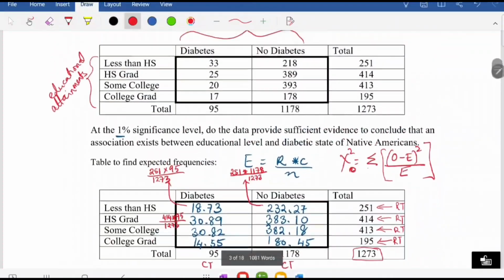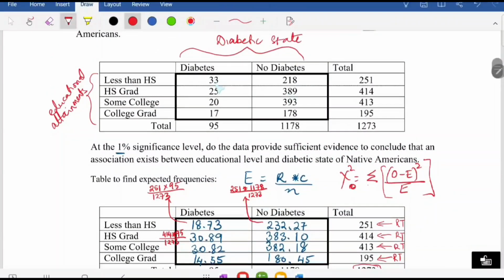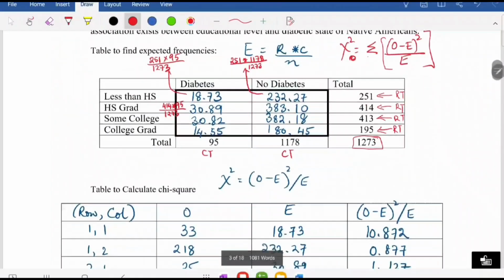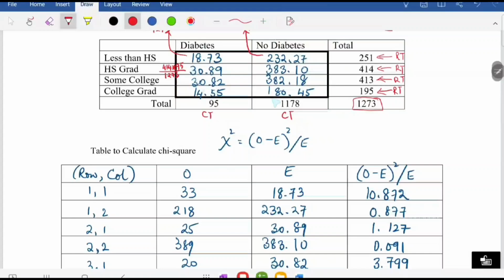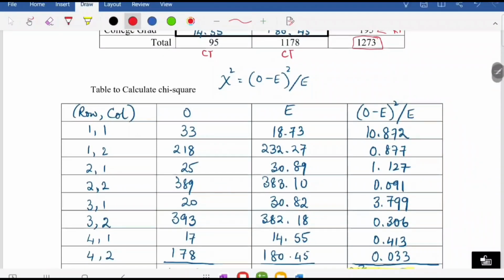So 1,1 at 33, 1,2 at 218, 2,1 has 25, 2,2 has 389. So these values, the observed frequencies, are just copying from what is given to us. Expected frequencies are all the calculated values in this table. So again, just copy your answers that you found for the expected frequencies and jot them down here.